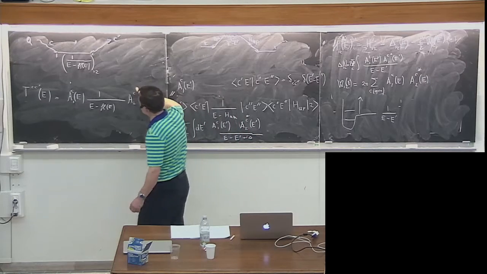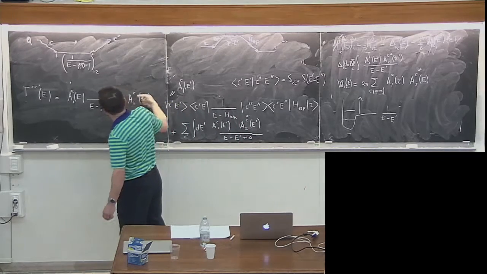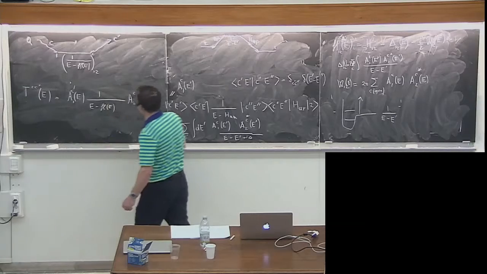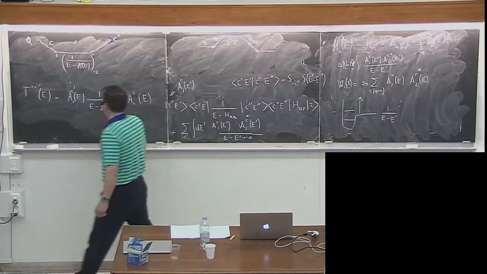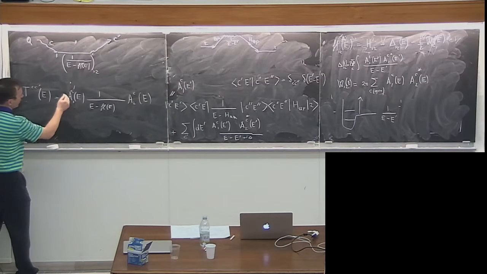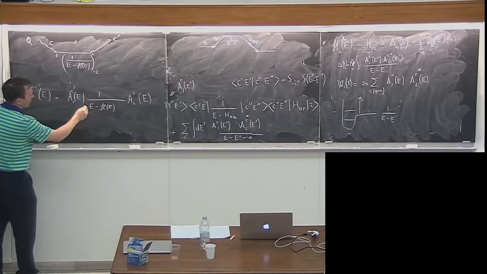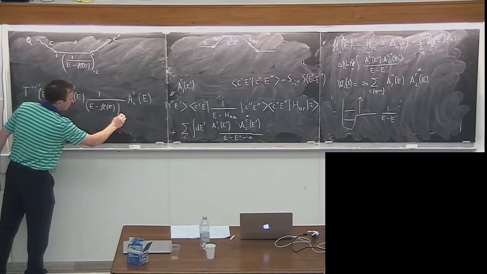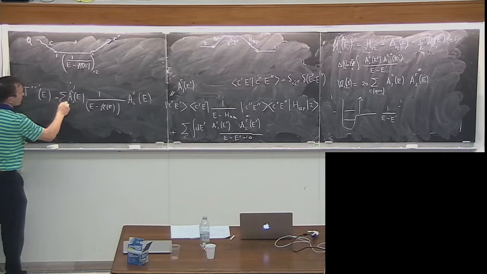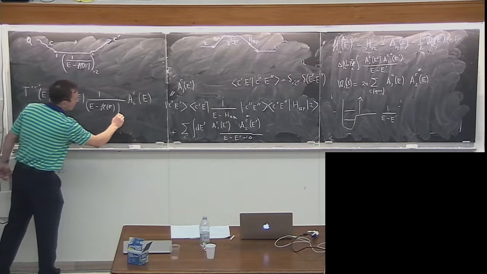Actually, it's drawn in reverse. C has to be that way, so it has to be C prime here. And this is the full summation over intrinsic propagation between 1 and 2. So it doesn't matter here.